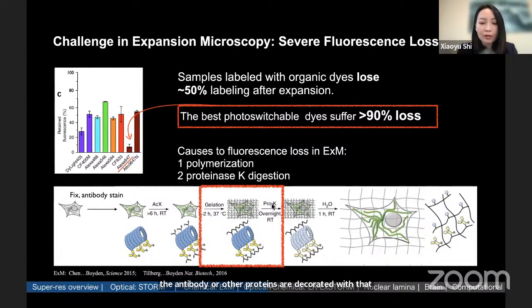So if proteinase K chops or fragments the antibody, then if the dye molecule is not conjugated on the fragment which happens to be chemically cross-linked to the hydrogel, then you permanently lose that probe by washing them out during this expansion step. And this contributes to about 30 to 40% of label loss.